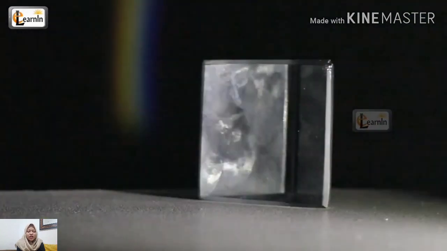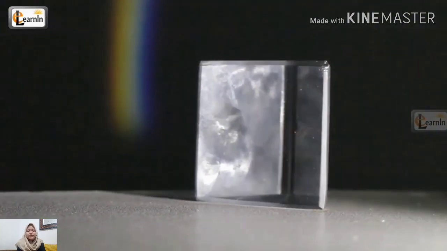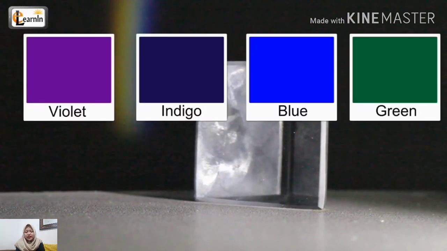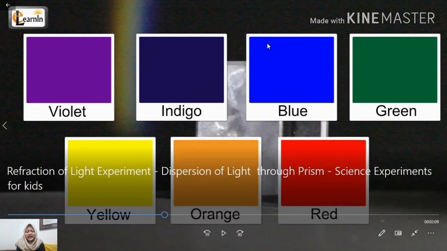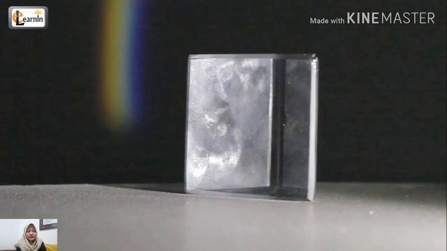Ensure that the room is considerably dark for the light to be obvious. When light travels through the prism, it splits the white light into 7 colors. They are violet, indigo, blue, green, yellow, orange, and red. And that's the video of a simple experiment of visible light.